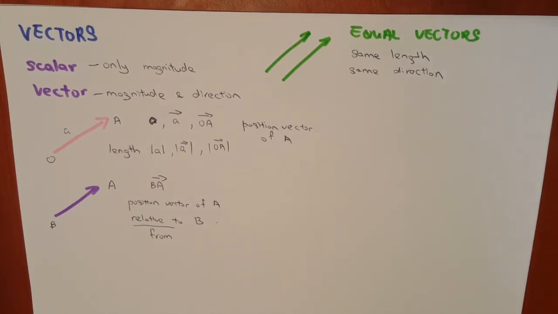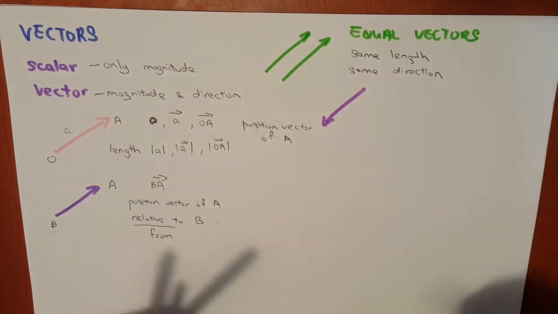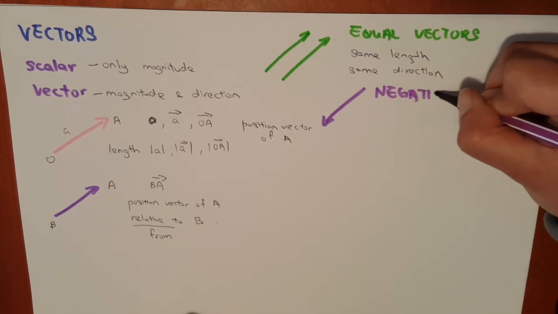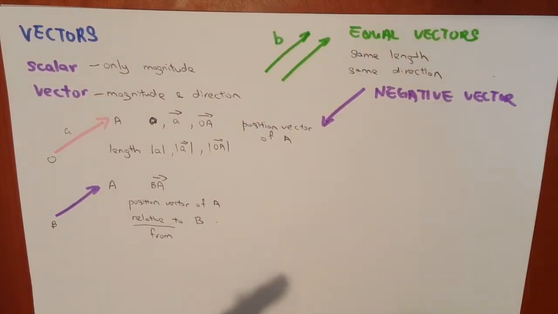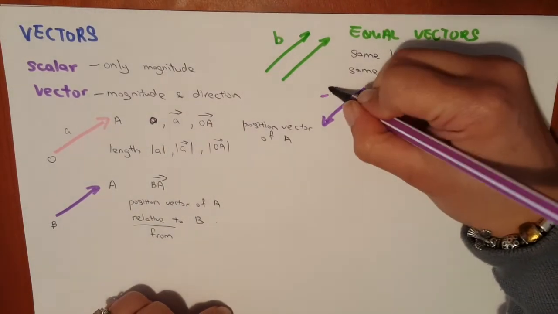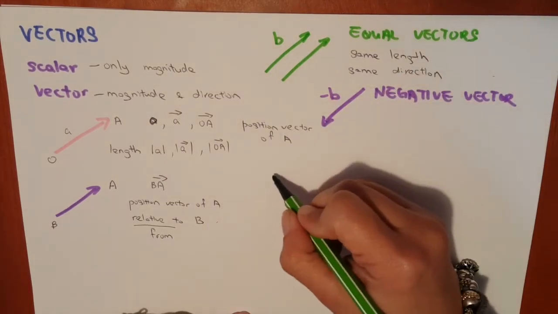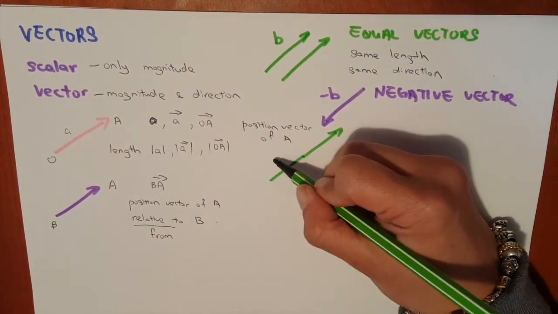So what if I have another vector of the same length and it's parallel, but it's going in the opposite direction? We call this a negative vector. If I represent my vector here as vector B, this negative vector will be negative B. And for a vector in the same direction as B but double its length, we will call this vector 2B.